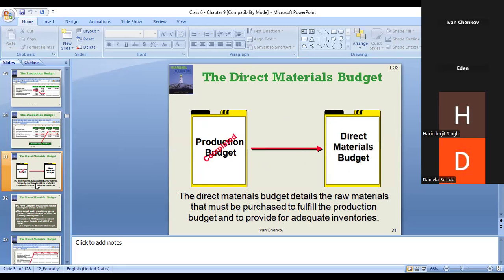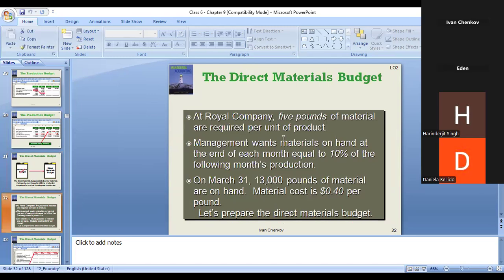For the direct material, to make that budget, we need more information. First, we're going to find out that for every product that we need to produce in the month, we have to incorporate 5 pounds of material.